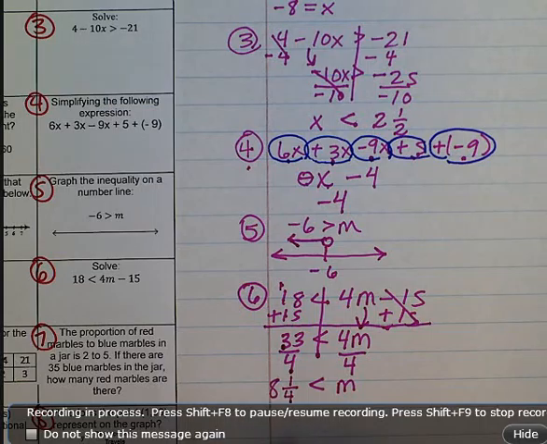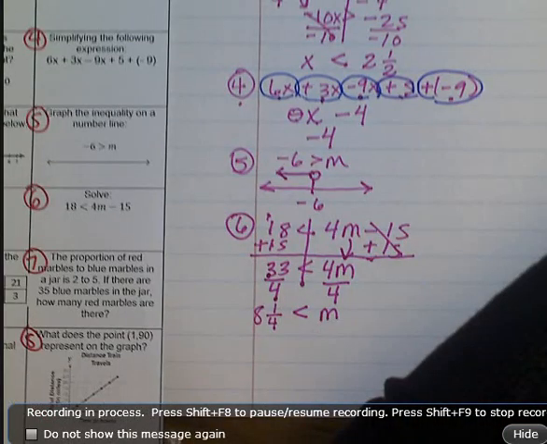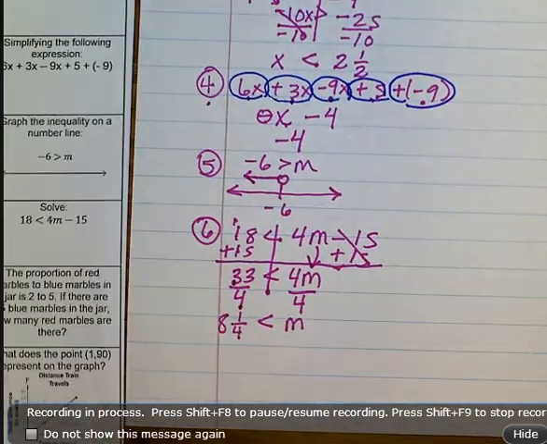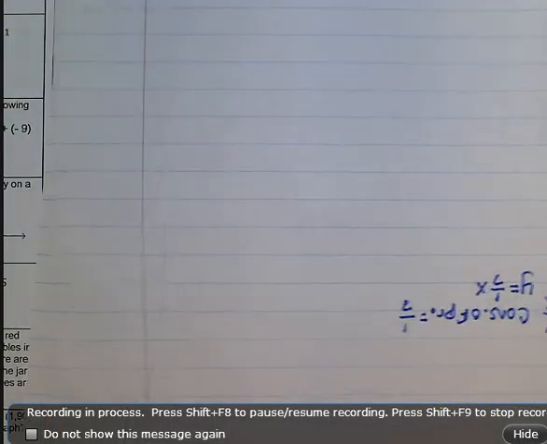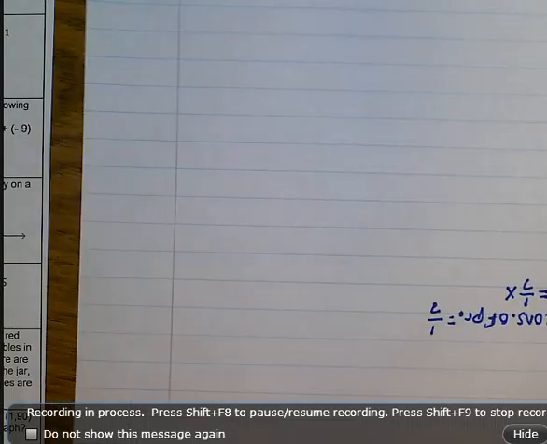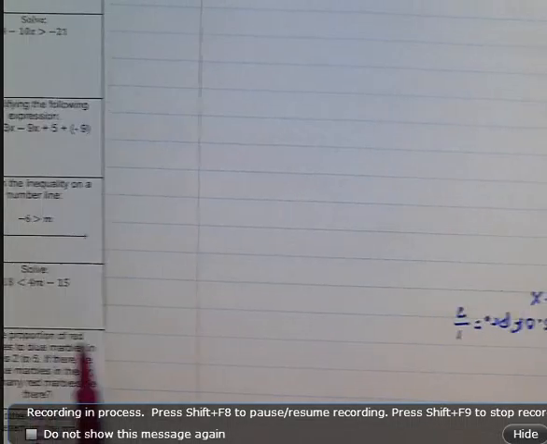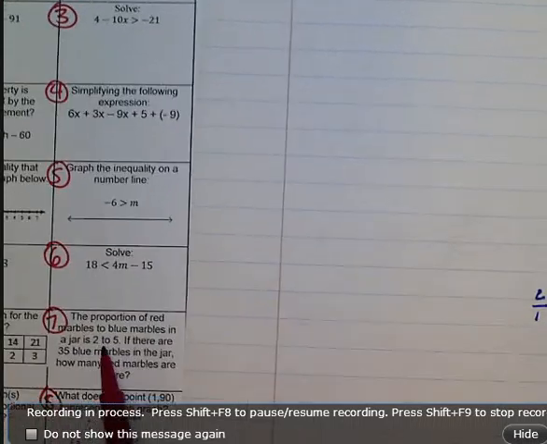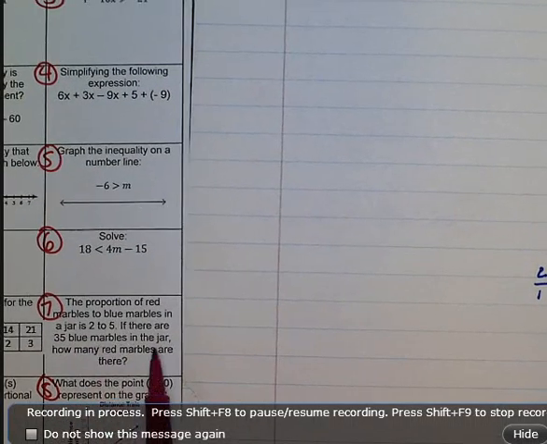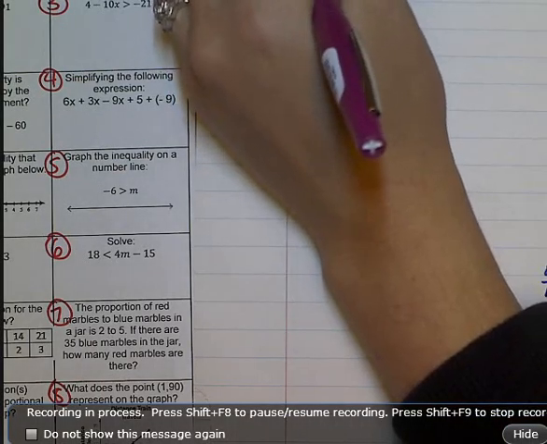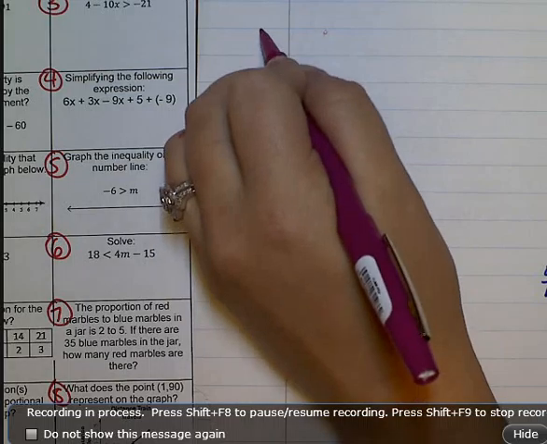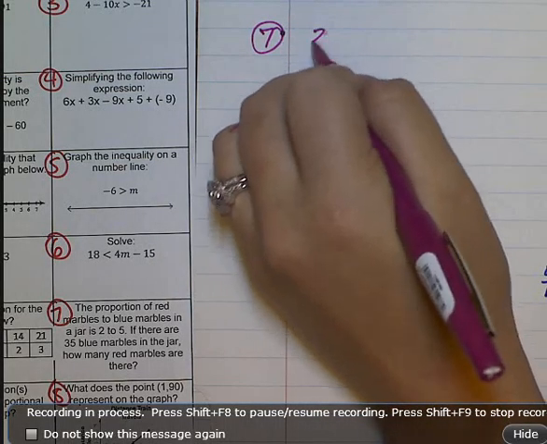Okay, so number 7. Number 7 says the proportion of red marbles to blue marbles in a jar is 2 to 5. If there are 35 blue marbles in the jar, how many red marbles are there? This is a great example of a question we set up a proportion for. So we have 2 out of 5 are blue.